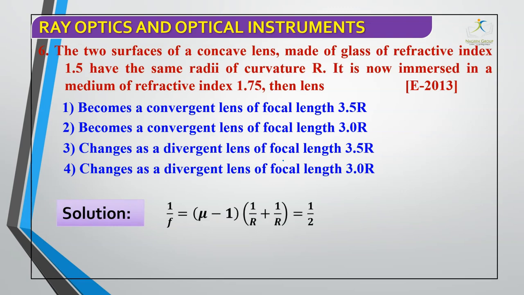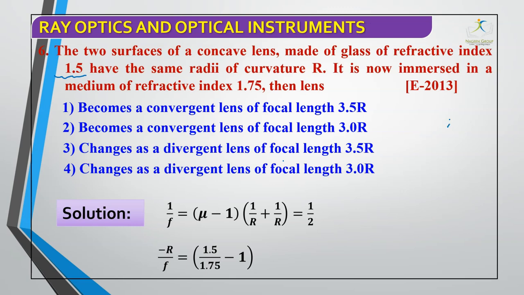Here I am applying the lens maker formula, which is 1 by f is equal to (mu minus 1) times (1 by r plus 1 by r), which gives the value of 2 by r. The refractive index of glass is given as 1.5, and the second medium is a liquid with refractive index 1.75.